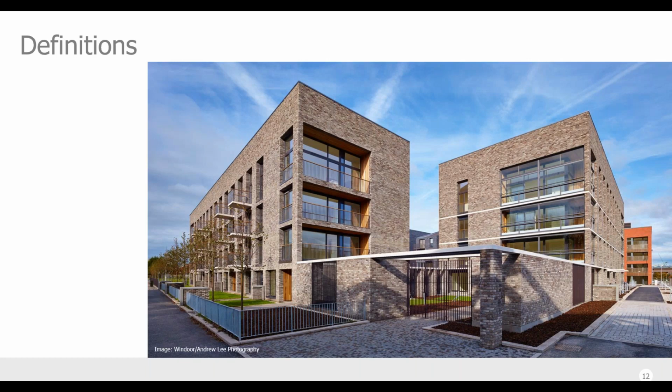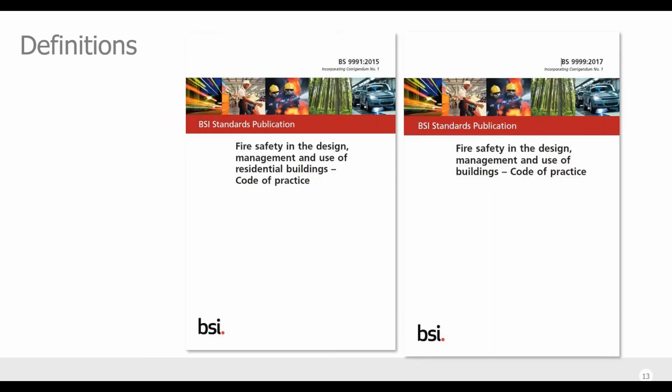There was a need for some nomenclature here, so we'll cover that further down. Next slide. Just a reminder that the standard relies heavily on the definitions within 9991 and 9999, which cover fire safety in buildings containing residential element and other buildings. Next slide.